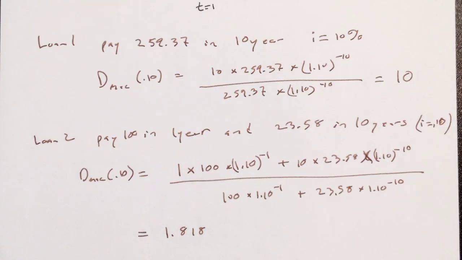Okay, this is the version for a flat rate structure. What happens if it's not flat?